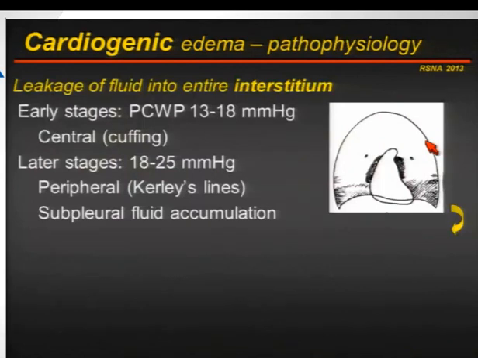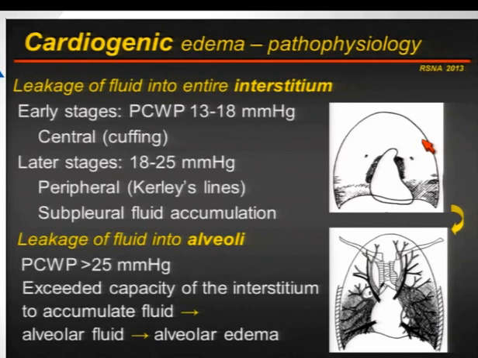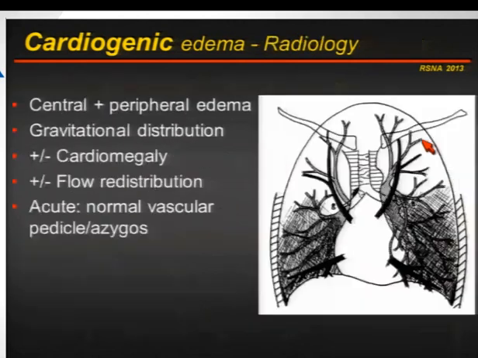What happens in the early stages is a central leakage of the fluid into the interstitium, with the bronchial wall cuffing that we were talking about. At the later stages, the periphery is involved, with Kerley lines and subpleural fluid accumulation. As edema progresses, there is leakage of fluid into alveoli, corresponding to the increased pulmonary capillary wedge pressure.